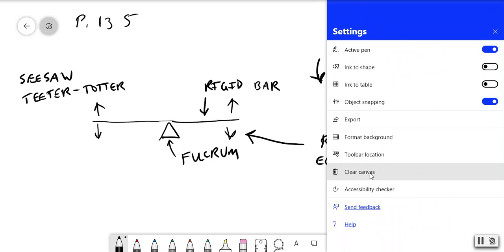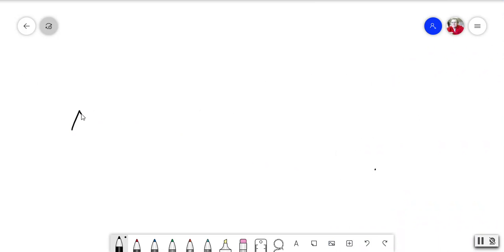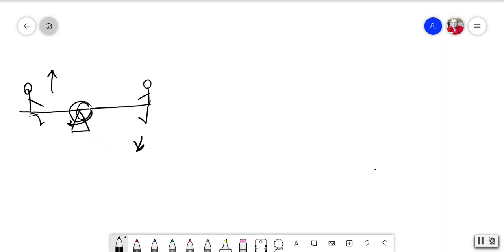Well, these forces, like on a seesaw, maybe they're going to push it that way. It starts out balanced so that you're rotating around a fixed point. Now, of course, you can't rotate all the way around with a seesaw.